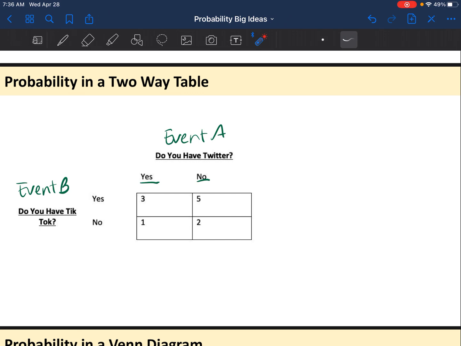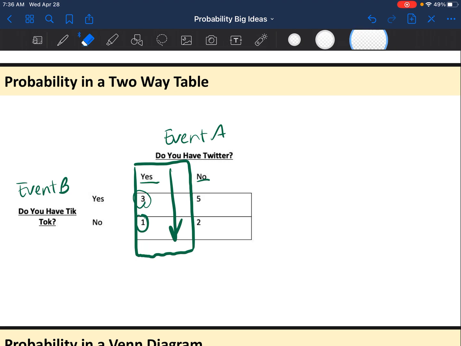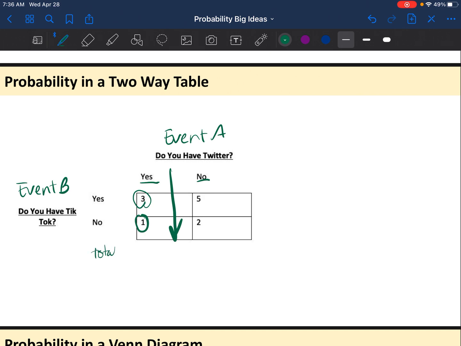So looking at this part here, do you have Twitter? Everything here is yes. 3 people have Twitter and an additional 1 person. So if I want to add the total people who have Twitter, I would have 4 total people.